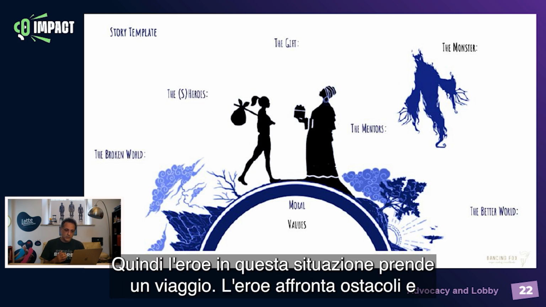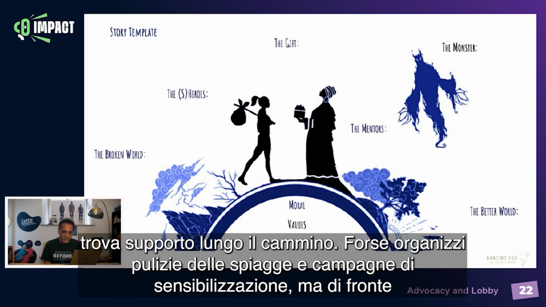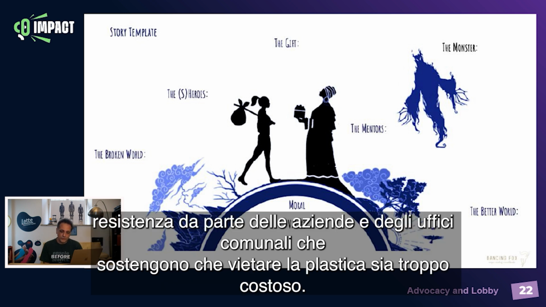Then the hero in this situation takes a journey. The hero faces obstacles and finds support along the way. Maybe you organize beach cleanups and awareness campaigns, but face resistance from businesses and city offices who argue that banning plastic is too expensive.